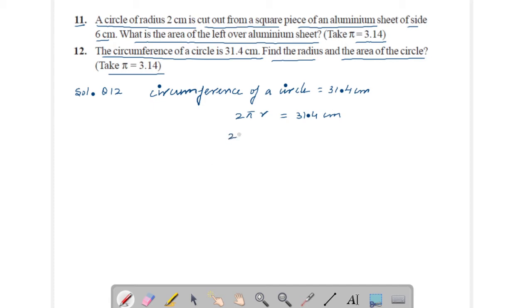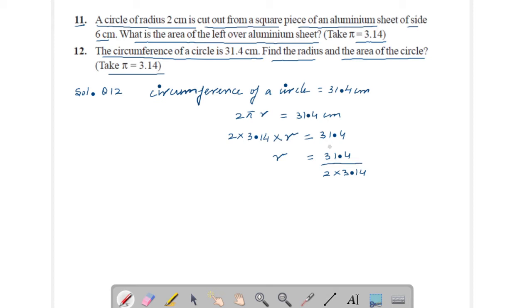The 2 into value of pi is 3.14 into r equal to 31.4. From here find the value of r equal to 31.4 upon 2 into 3.14.